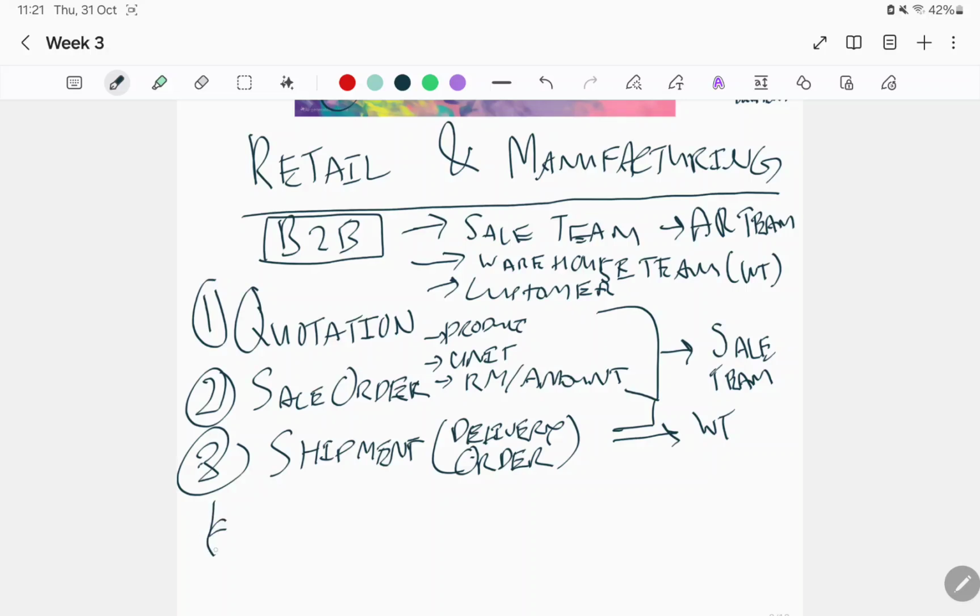Of course, once the goods are delivered, we would like to ask the customer to pay us money. So we need to go through the billing.